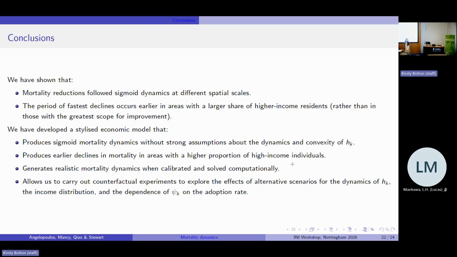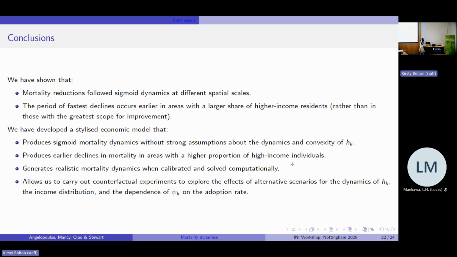Anyway, okay, so we've shown that mortality reductions followed sigmoid dynamics at different spatial scales, at the city level and pretty well at most of those division levels. The period of fastest declines occurs earlier in areas with a larger share of higher income residents. It's much clearer than for those with the greatest scope for improvement, which could have been how it worked out. We've developed a stylized economic model that produces sigmoid mortality dynamics without strong assumptions on the dynamics or convexity of H(k), the progress in health technology.